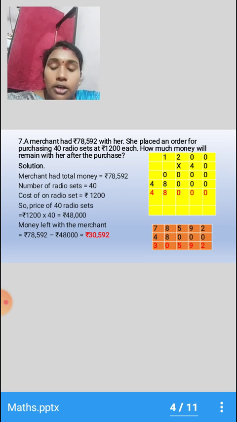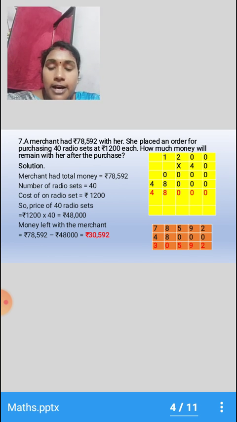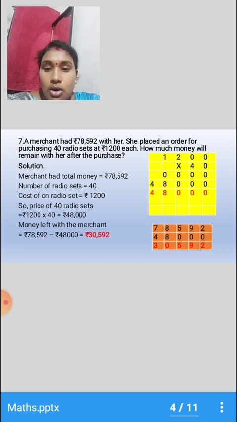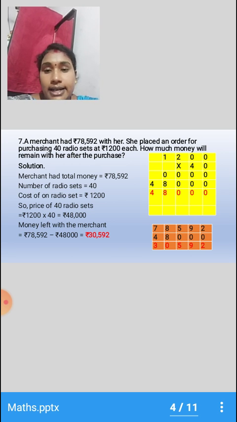Now 48,000 is being spent on the purchase of radio sets. You have to find out how much balance amount is there. For that you have to subtract 78,592 minus 48,000. So that will give you 30,592.